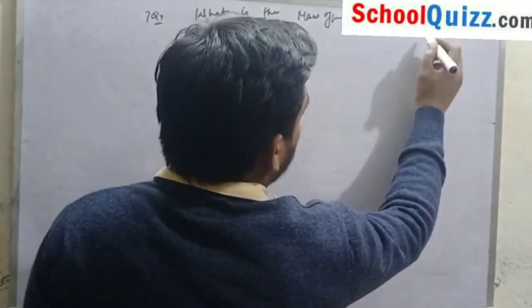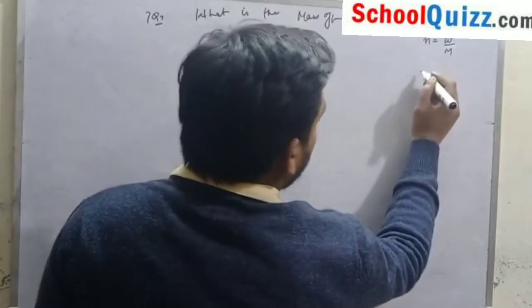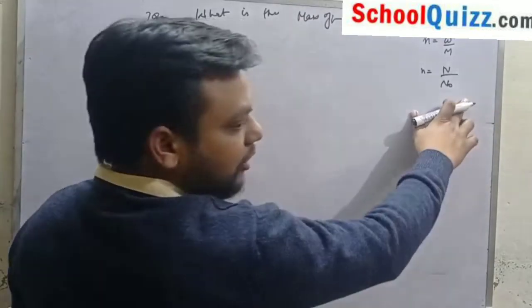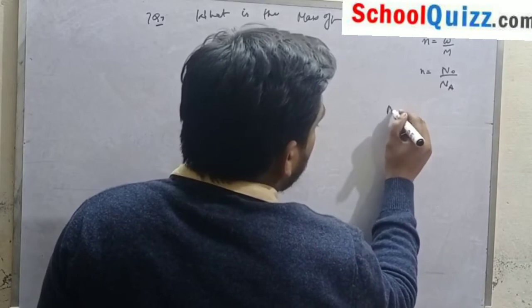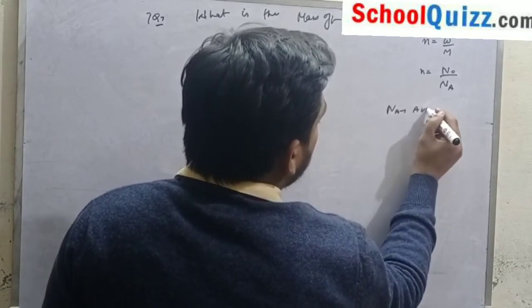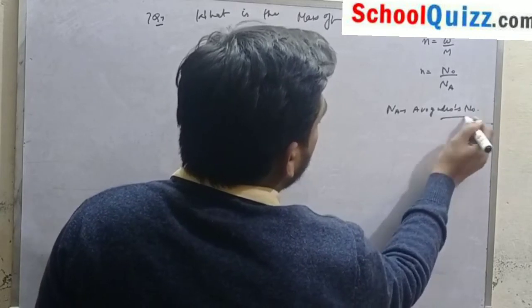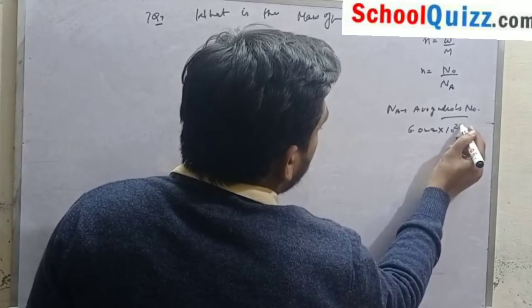The first formula is n equal to w upon m, that is given weight upon molecular weight. Then n equal to N upon N naught, that is N upon NA, where NA is our Avogadro's number, whose value is 6.022 into 10 to the power 23.